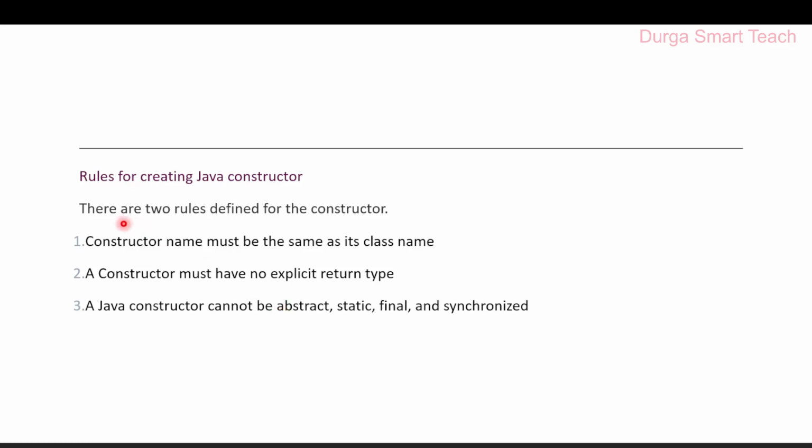The second rule: a constructor must have no explicit return type, like int or float. Next, a Java constructor cannot be abstract, static, final, or synchronized.